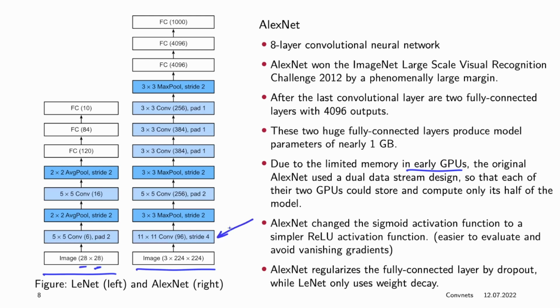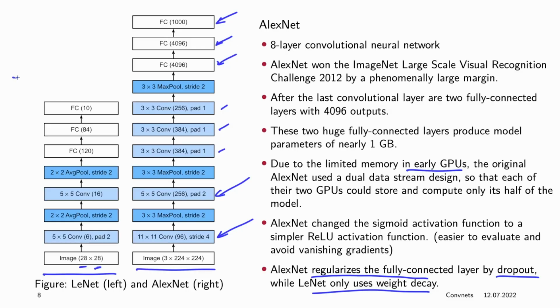So we have a convolutional layer followed by pooling, the second convolutional layer, again followed by pooling, third, fourth, fifth convolutional layer, followed by pooling, and then 3 fully connected layers, summing up to 8 neural network layers.